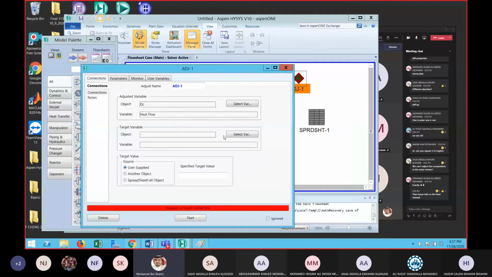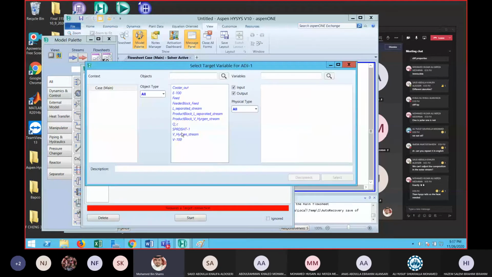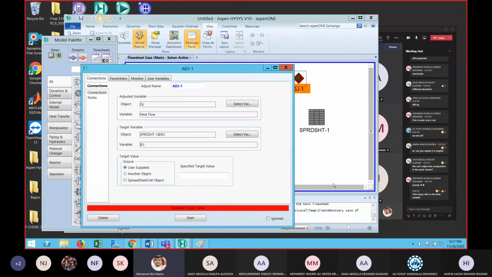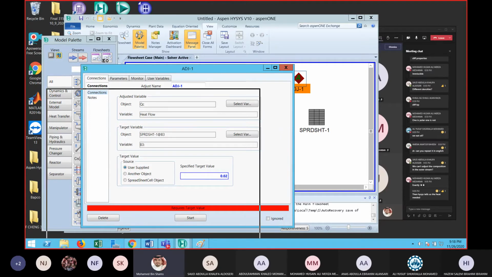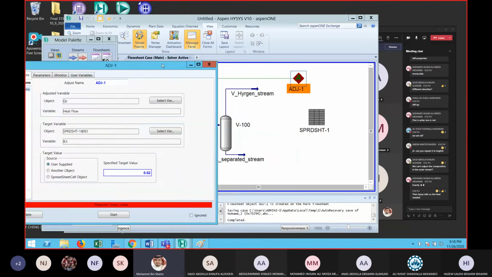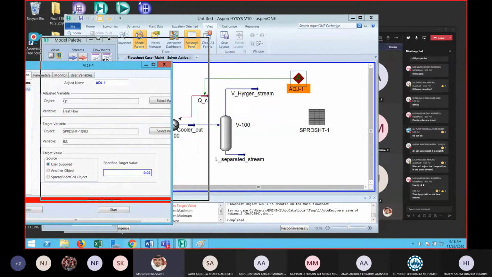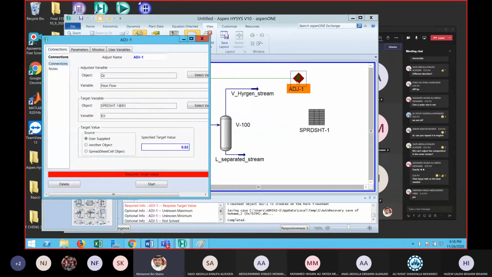So here I said this is the Q, and inside the spreadsheet the object is called SPRD SHT-1. The target is B3. I want this target value to be 0.02. Everyone follow? I'm telling it: you adjust.